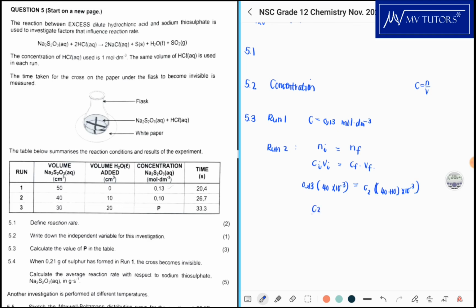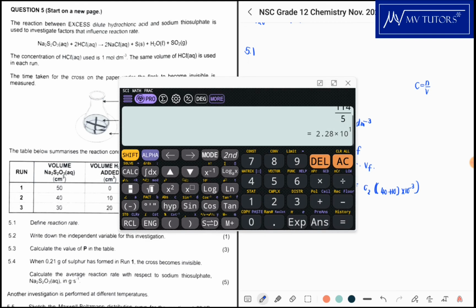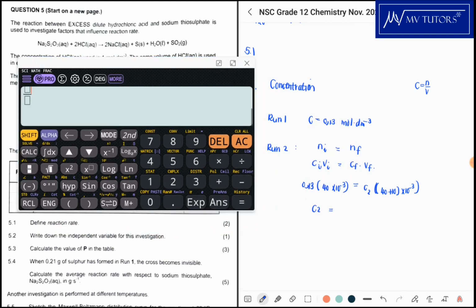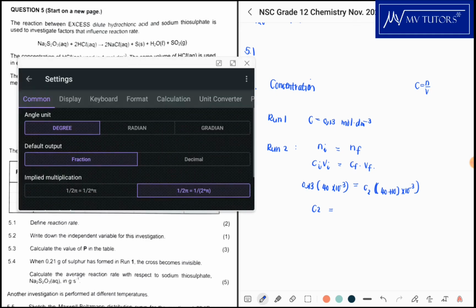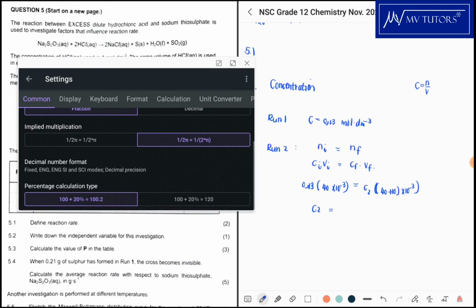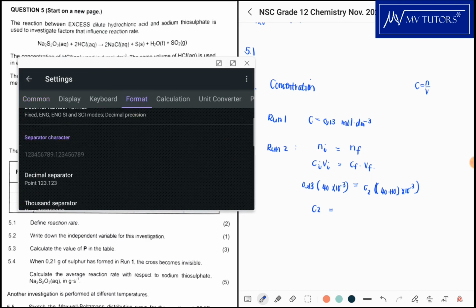If I were to get the concentration of run 2, what would that be equal to? I have 0.13 multiplied by 40 times 10 to the negative 3 all over 50 times 10 to the negative 3. I don't like the way this is written, so let me change the calculator mode so it's not in scientific notation.